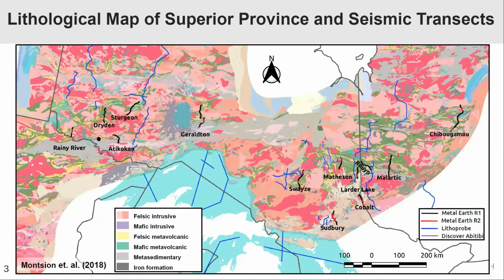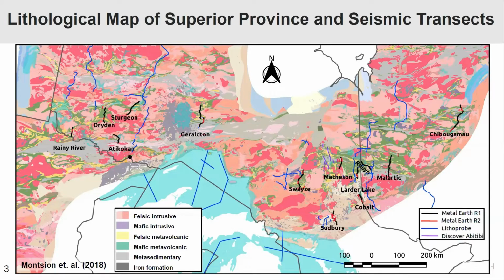So here is our study area. This is the Superior Province. All these black lines that you see are our transects. Pretty much our seismic lines followed all these black lines, and I have their names written there. This side is the Abitibi sub-province, and on this end is the Wabigoon sub-province.